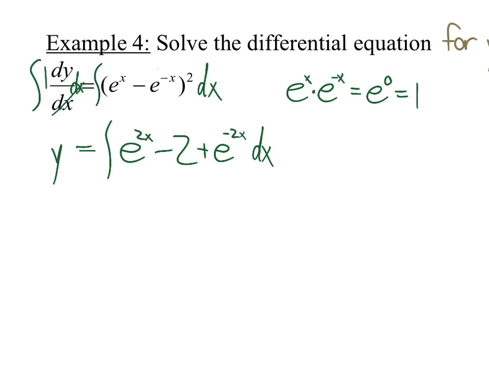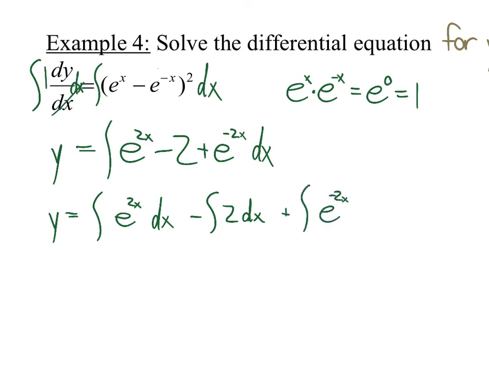Okay? So now we can integrate. Now it takes a little bit here, because you have to at least think of it as the integral of e to the 2x, minus the integral of 2, plus the integral of e to the negative 2x dx.